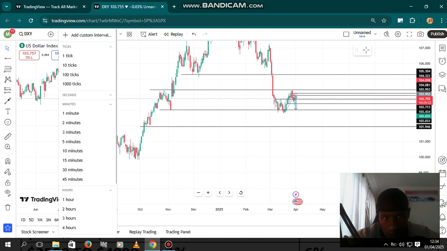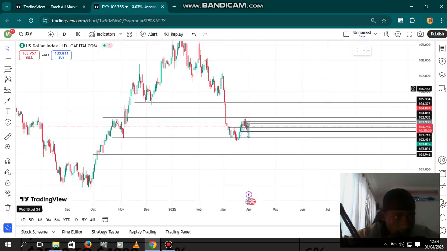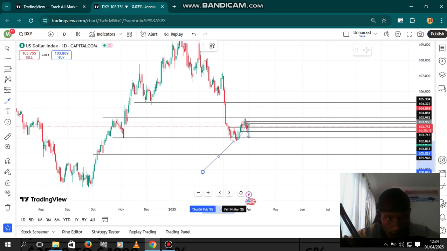So let's go. On the daily time frame, as you see, the market came here. It's our support. On our support, the trend has been a downtrend. You see the lower lows, lower highs, and it went down and came here. This is where the market was stuck and it did a double bottom.